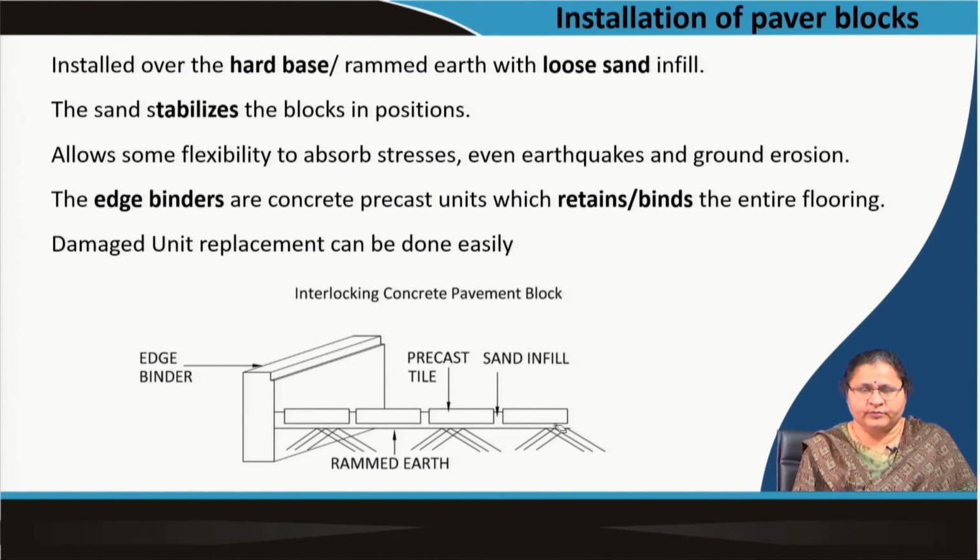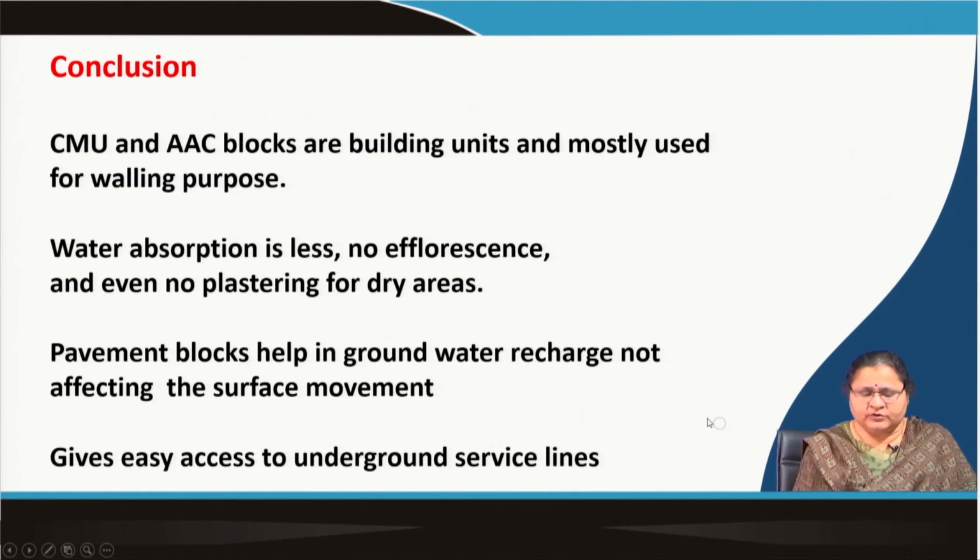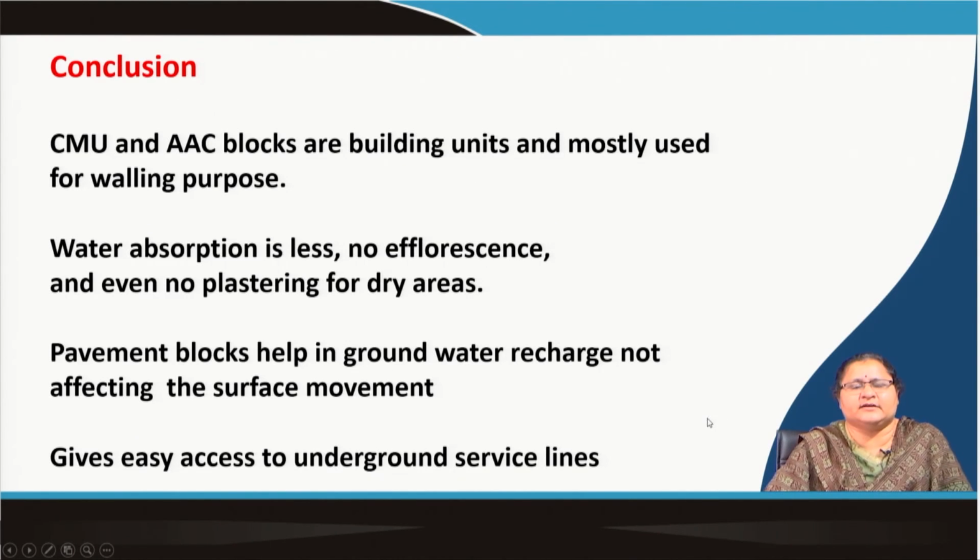You have to make the earth and keep on moving forward. So, we can conclude that although these are very similar to brick, they provide faster construction, the CMUs and the AAC blocks. The joining is also very simple, easy, and it is mostly used for walling purposes.